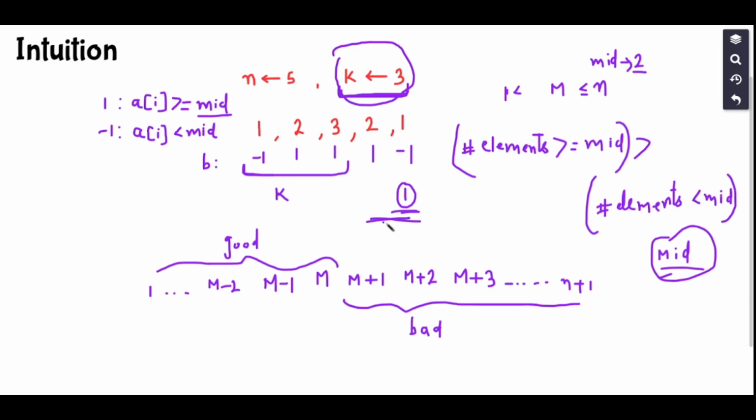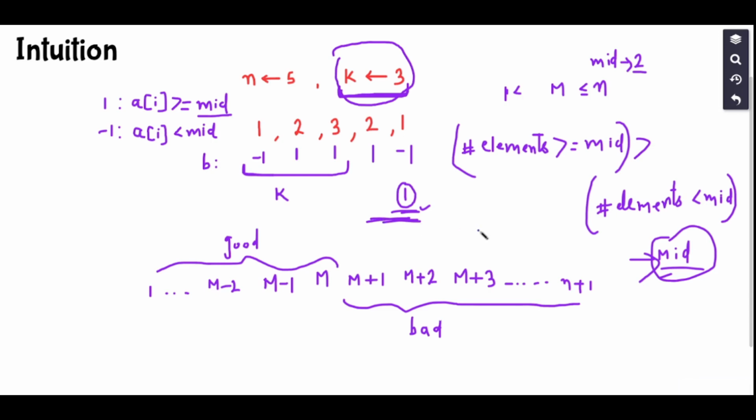That's what this positive integer represents. If it is positive, that means we have more ones in this subarray, and this is only possible if we have more elements which are greater than or equal to this mid. Fine.